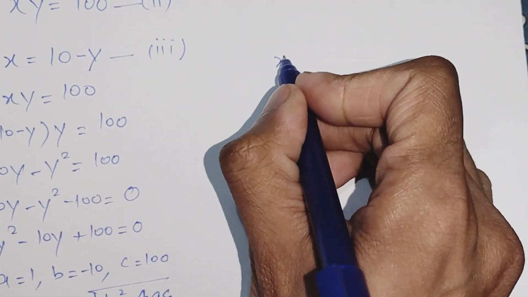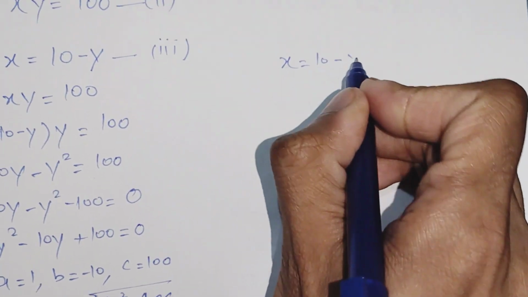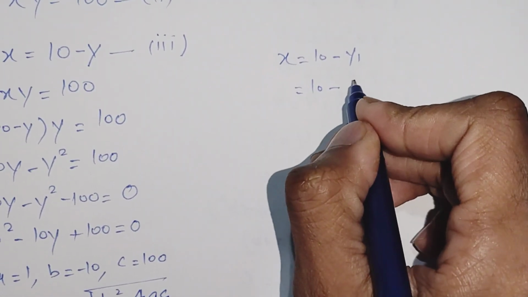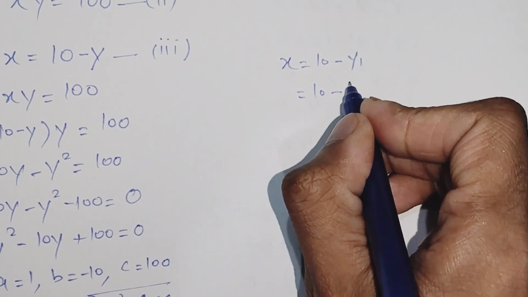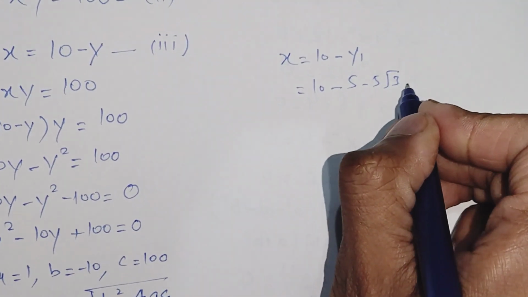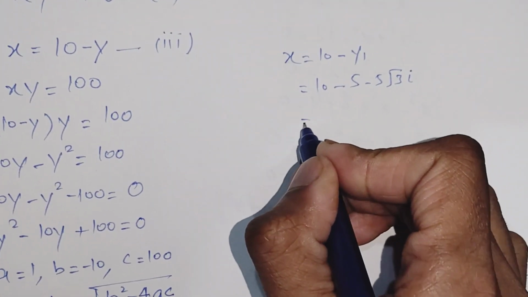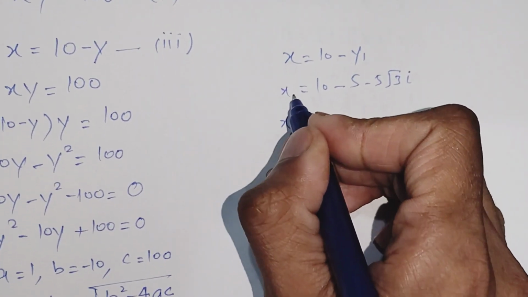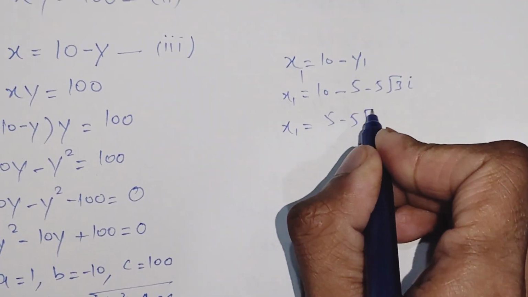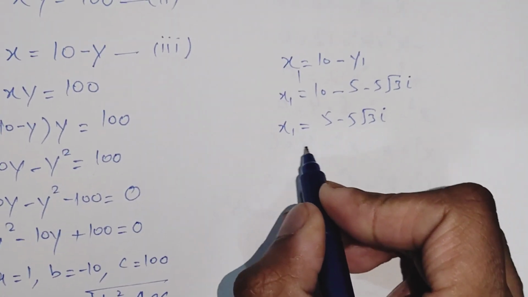Now x will be 10 minus y. We put y1: 10 minus 5 plus 5 square root of 3 iota. So x1 will be 5 minus 5 square root of 3 iota.